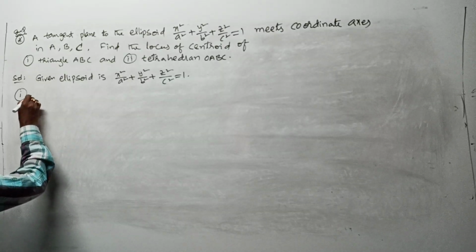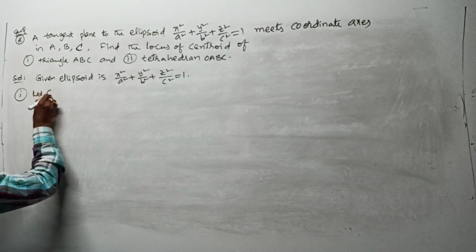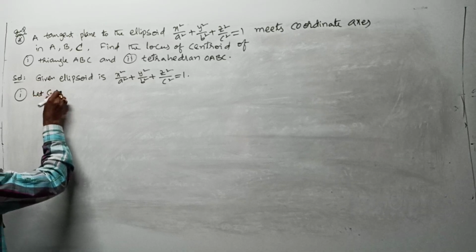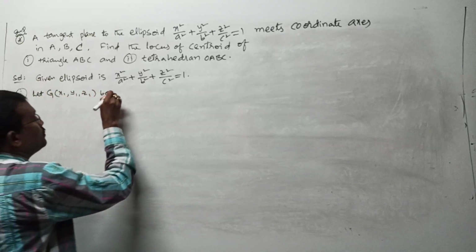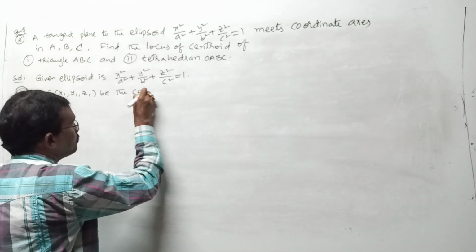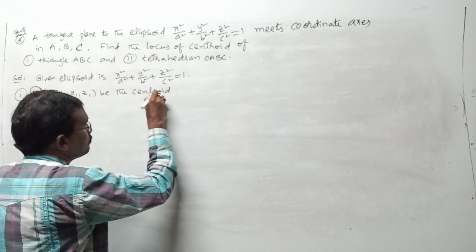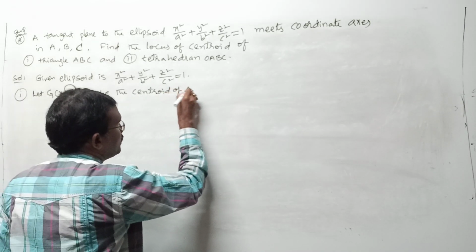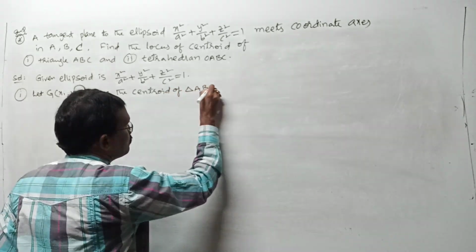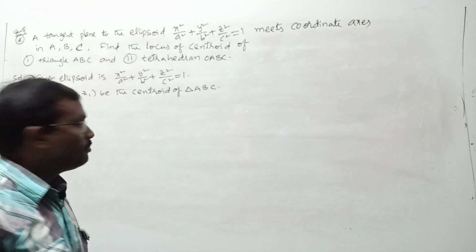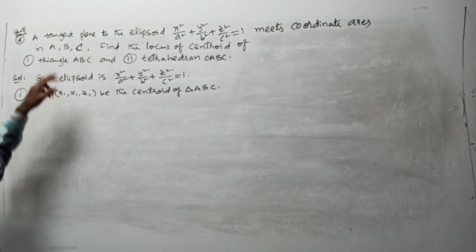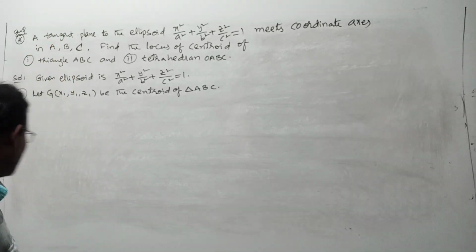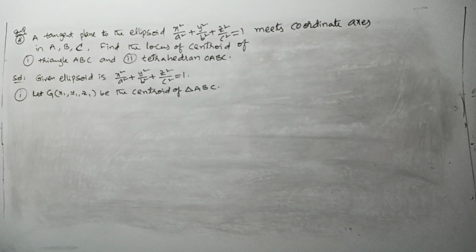Generally we denote the centroid with G. Let G(x1, y1, z1) be the centroid of triangle ABC, and suppose the tangent plane to the ellipsoid meets the coordinate axes, right?